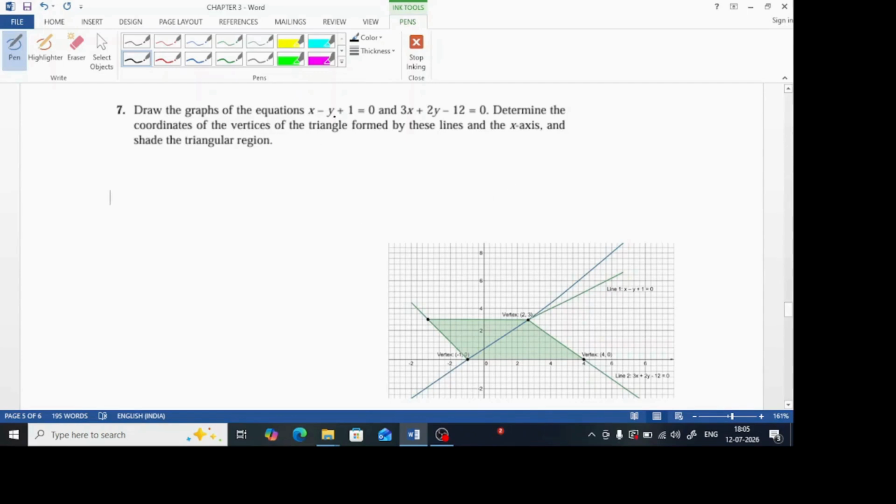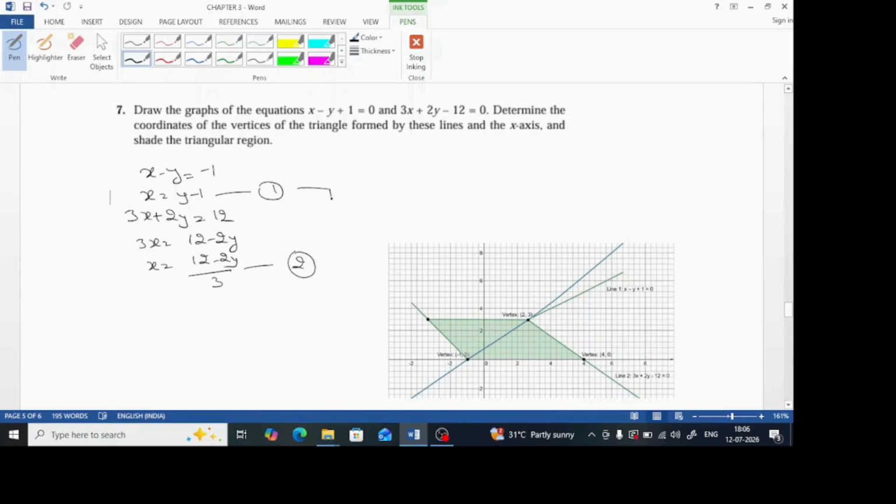If we solve these two lines, x - y = -1, x = y - 1. This is our first equation, and the second equation is 3x + 2y = 12, 3x = 12 - 2y, x = (12 - 2y)/3. This is our equation number 2.